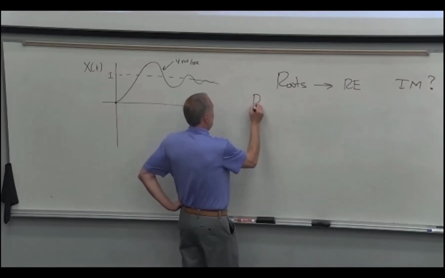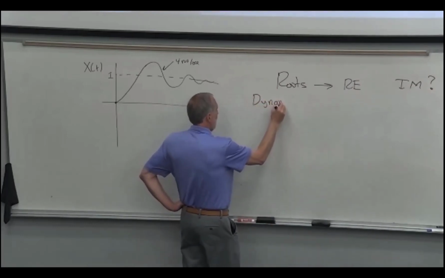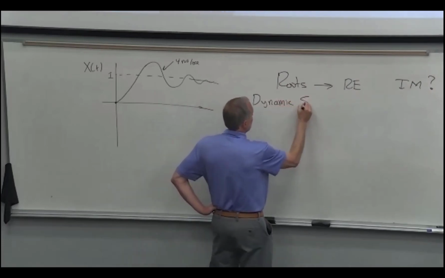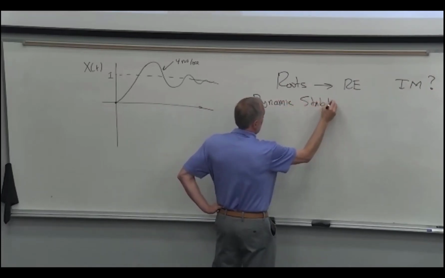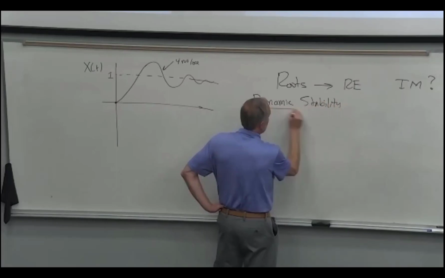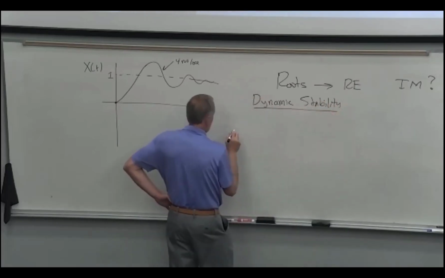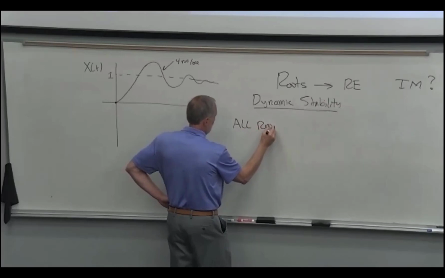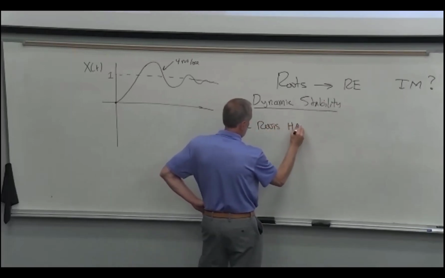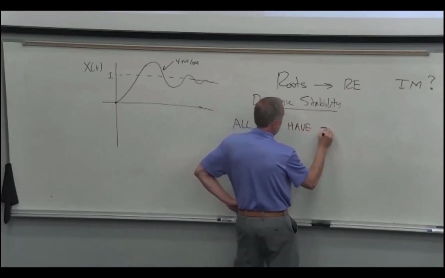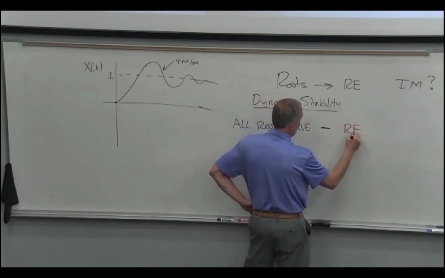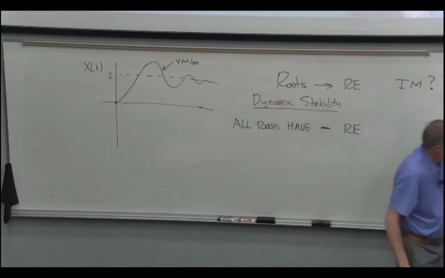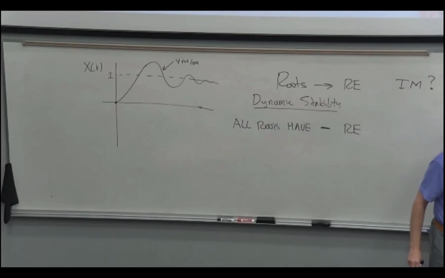This is the definition of dynamic stability, also tied to static stability. If all roots have negative real parts, all those come out here, they're e to the real part times t.